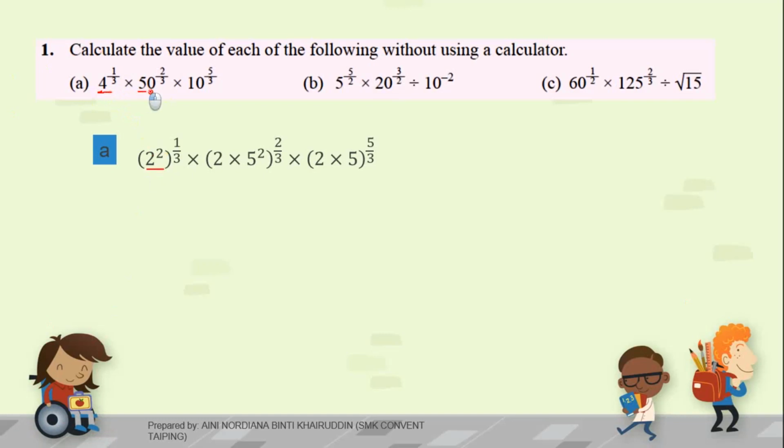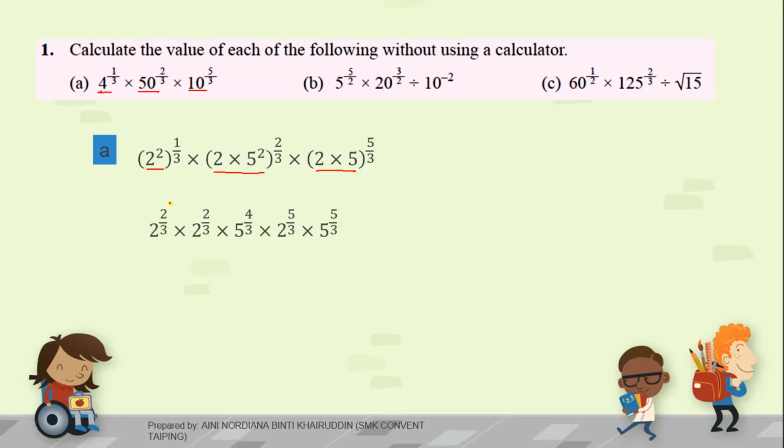The 50 here, I change to 2 times 5 square. 5 square is 25 times 2 is 50. So why I choose this number? Because I want it to become the same base. So here 2 base 2 is equal base. So for 10, I choose 2 times 5.